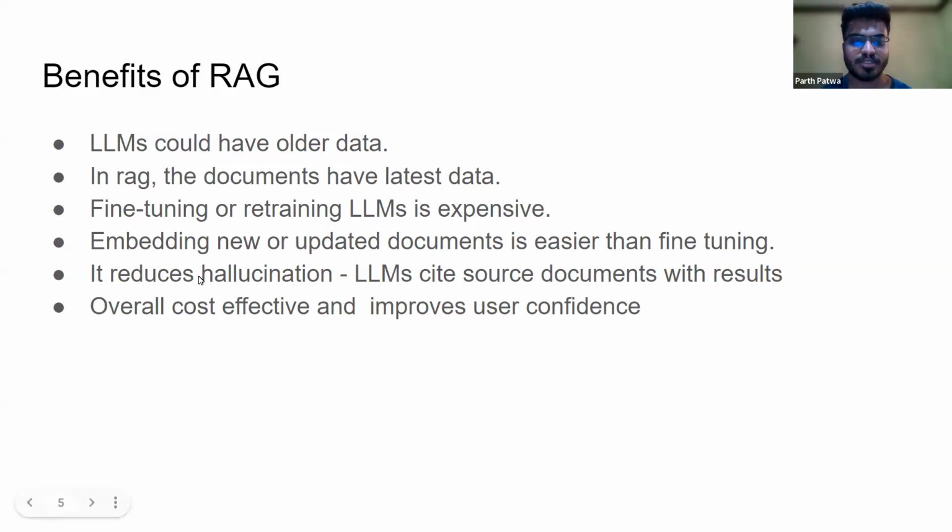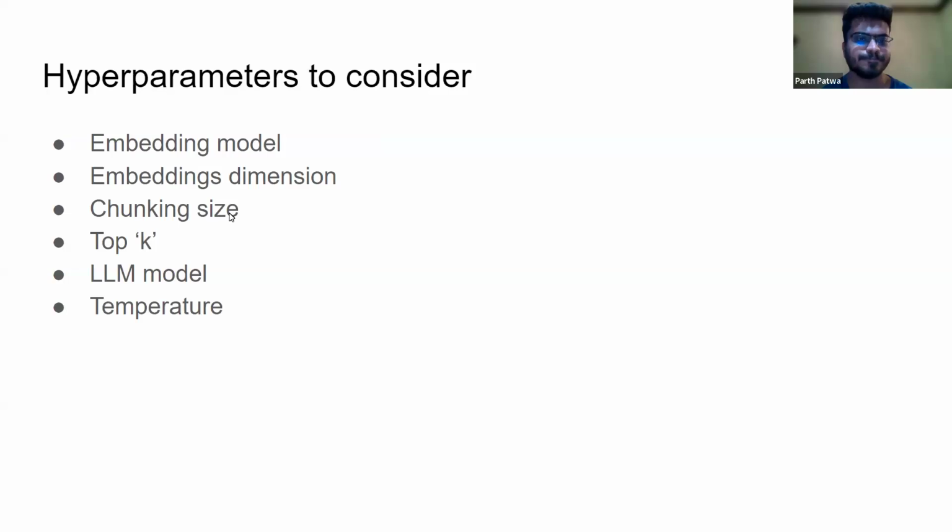And furthermore, this reduces hallucination because LLMs cite the source documents with the result. So overall, it's cost effective and improves user confidence. Some important hyperparameters are the embedding model, top K, and temperature of the LLM, and so on. So this was the basics of RAG.